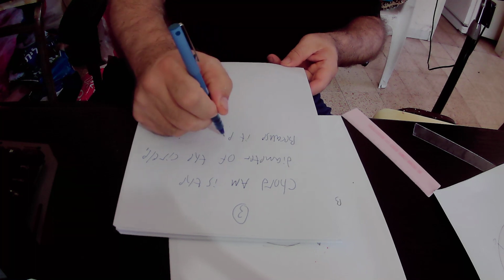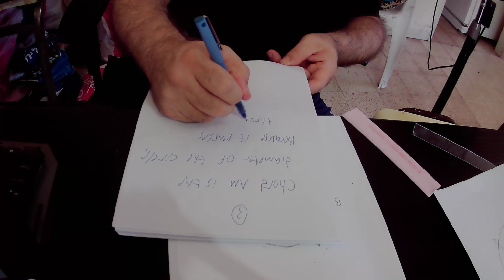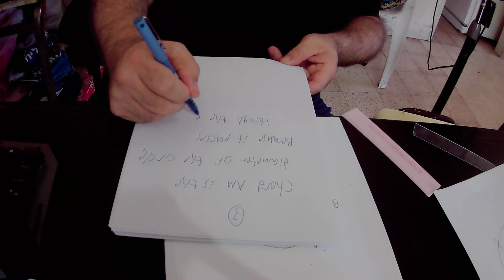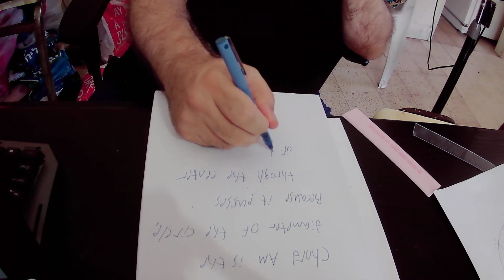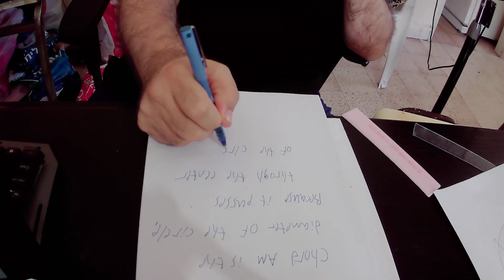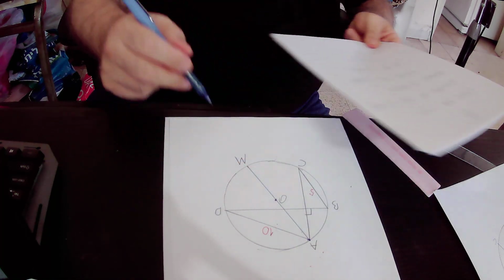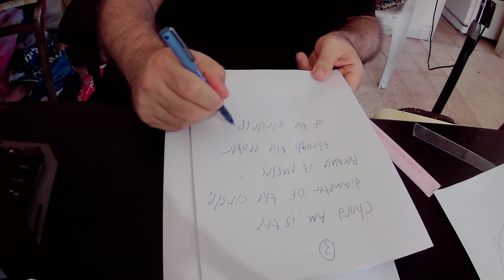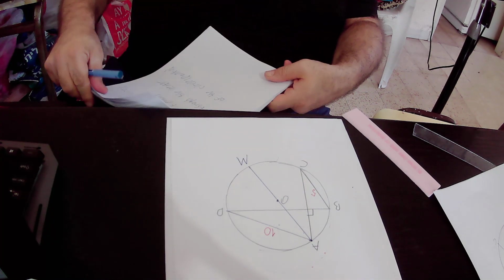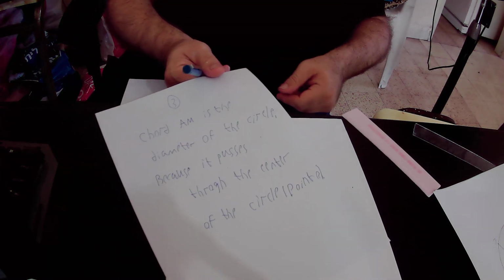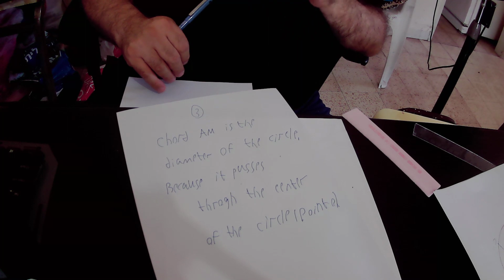Okay, so chord AM is the diameter of the circle because it passes through the center of the circle.